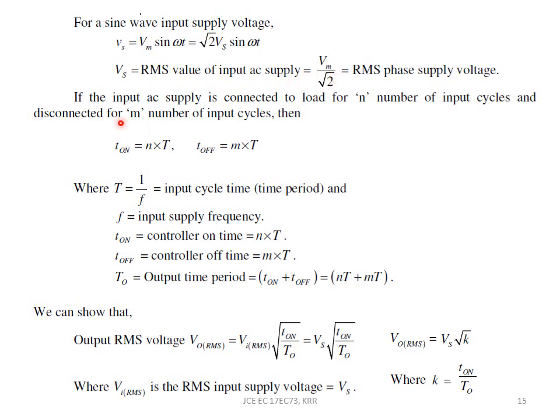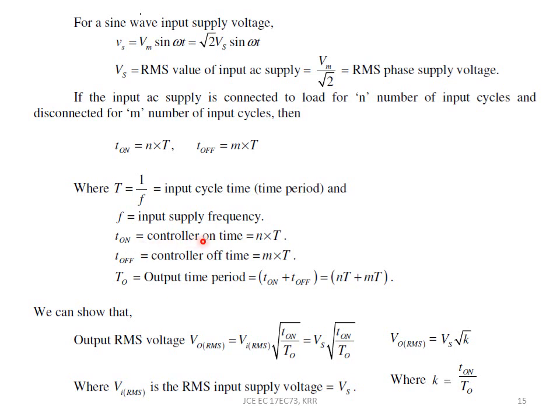And if the input AC supply is connected to the load for n number of cycles and disconnected for m number of input cycles, then the on period T on can be written as n into T and T off can be written as m into T, where T is the period of the input cycle, equal to 1 by f, and f is the input supply frequency.